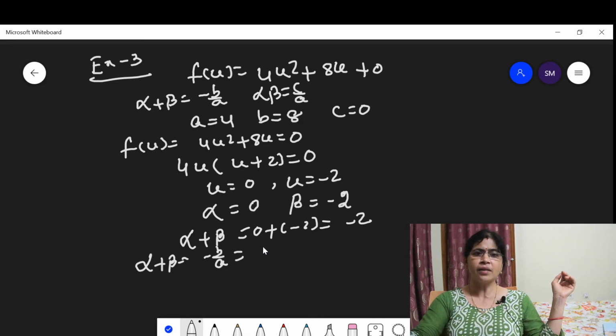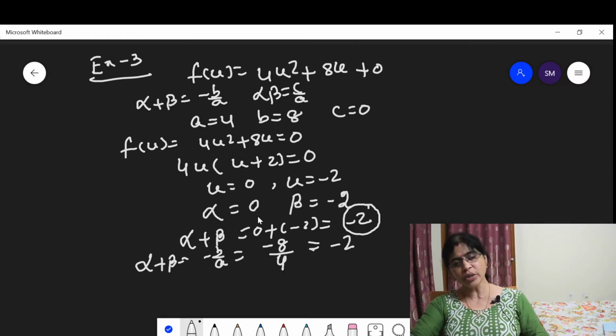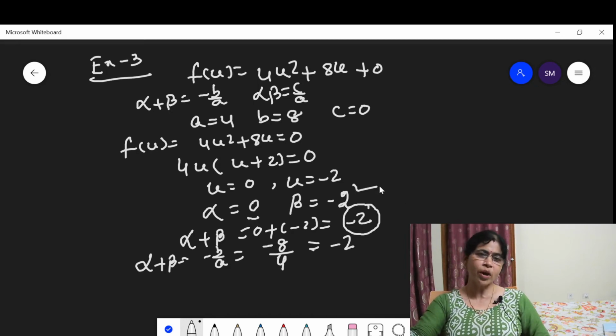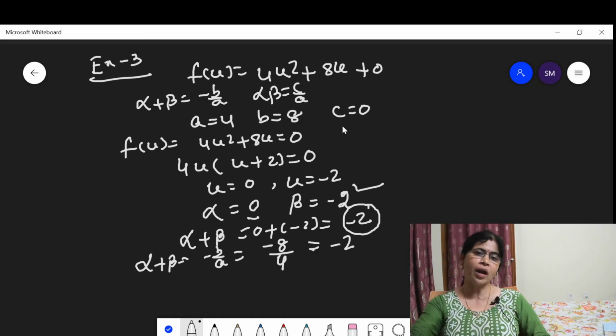Here b is 8, so minus 8 upon 4, a is 4, which is equal to minus 2, hence verified. We add the two zeros, alpha is equal to 0 and beta is equal to minus 2, because by solving the given polynomial we find the two zeros.